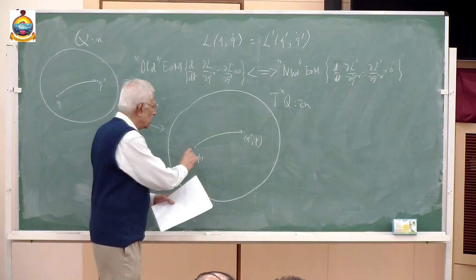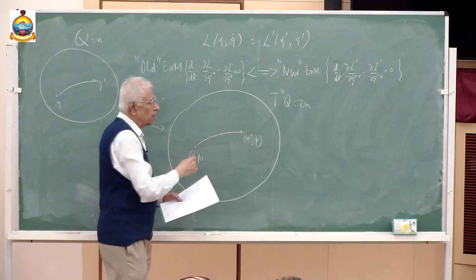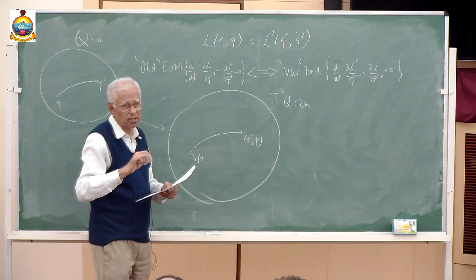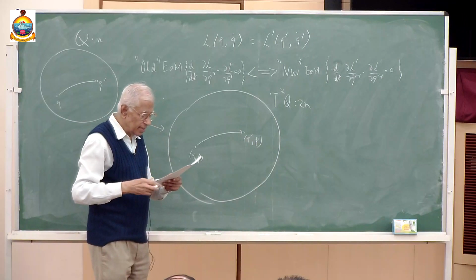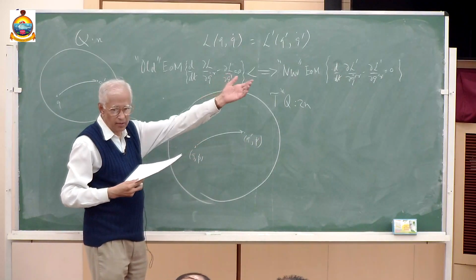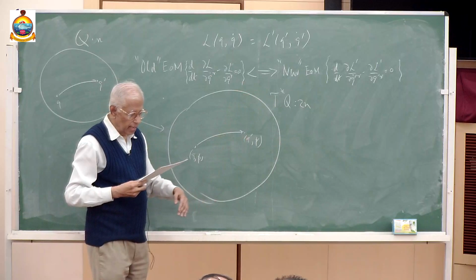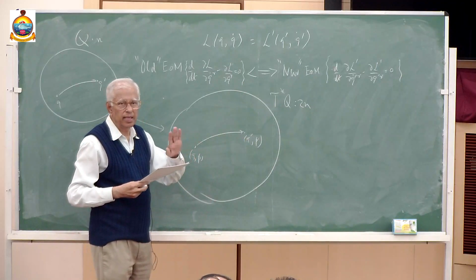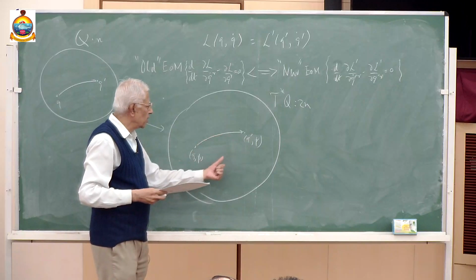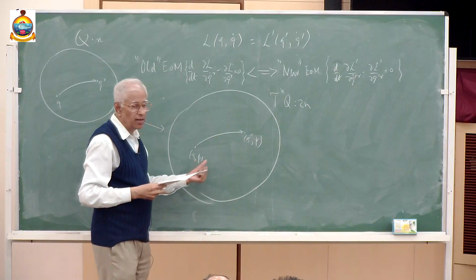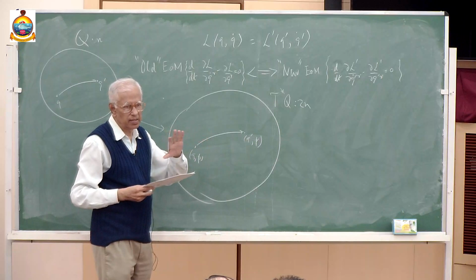If this mapping preserves the structure of the Poisson bracket, then and only then a new Hamiltonian can be constructed, and the equations of motion will maintain the Hamiltonian form. So, the group of such transformations is called the group of canonical transformations on phase space.